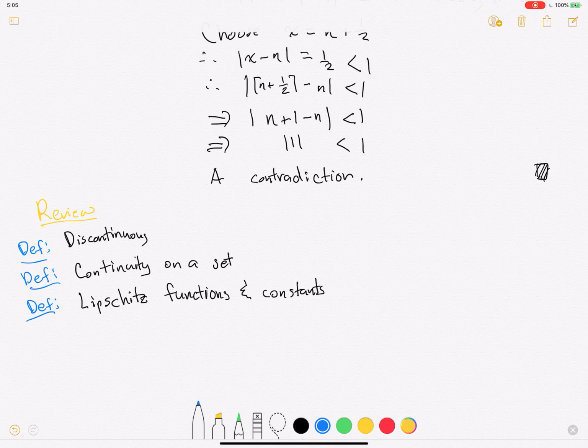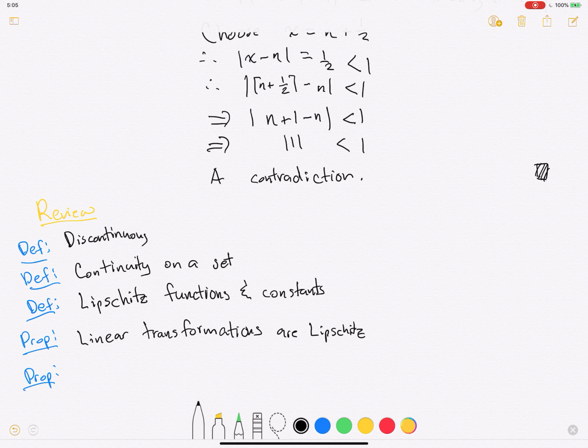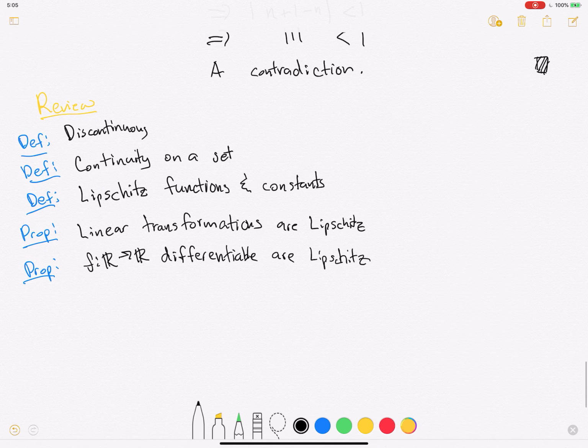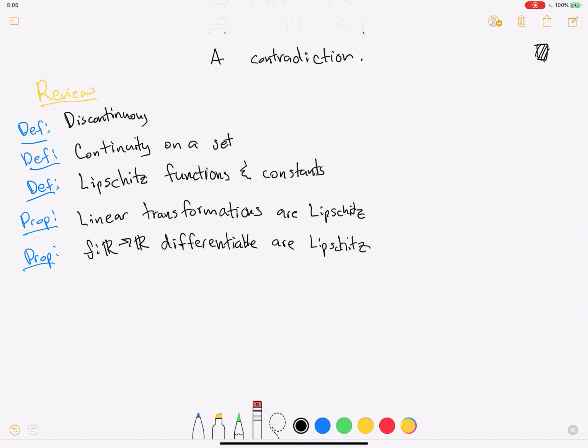We showed that linear transformations are Lipschitz, and that differentiable functions with bounded derivative are Lipschitz. And we did an example on the ceiling function, discontinuous at the integers.